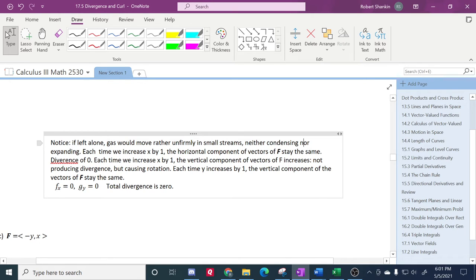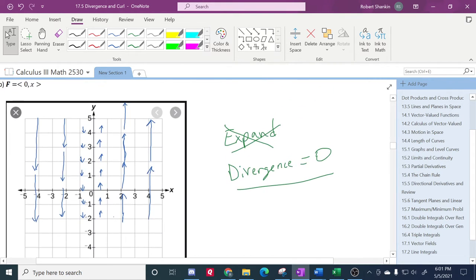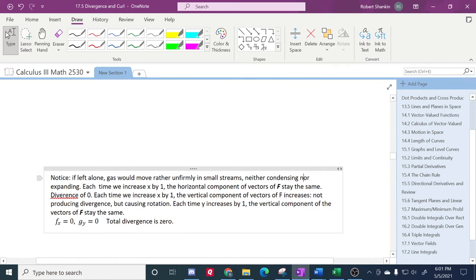And this does not produce divergence, but causes rotation. If you were increasing the x's by 1, you would have a rotational force acting on you, not a divergence, not an expansion or a compression force, but a turning force. And this should be bold and italics. Okay, not producing but causing rotation.